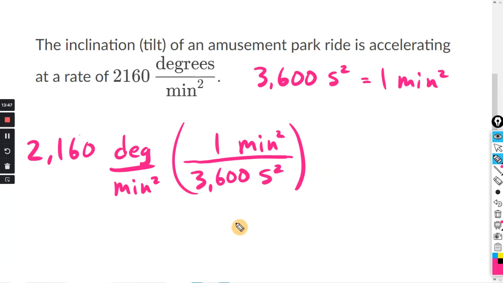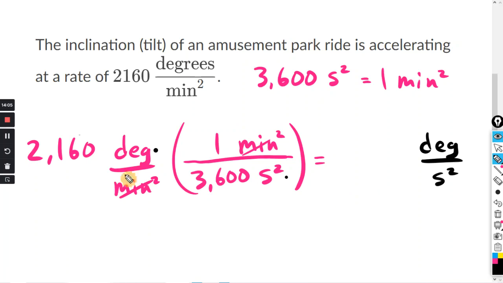All right, now we're in business. Minutes squared divided by minutes squared cancels. And just doing the units alone, we are left with degrees divided by seconds squared. That's exactly what we want.